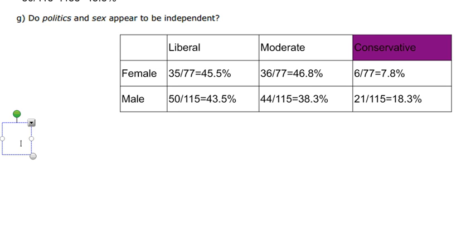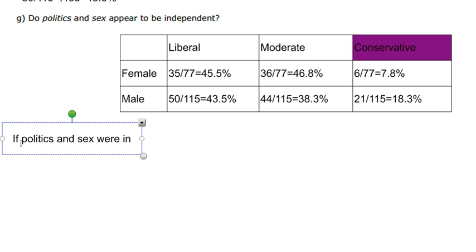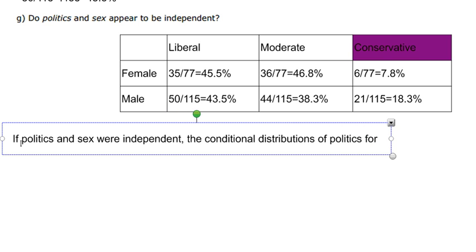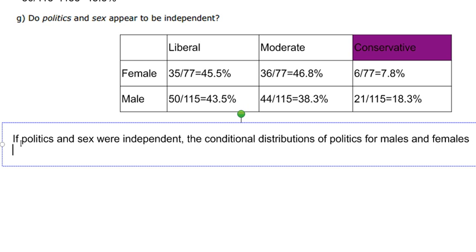What I would say is, if politics and sex were independent, the conditional distributions of politics for males and females should be the same.